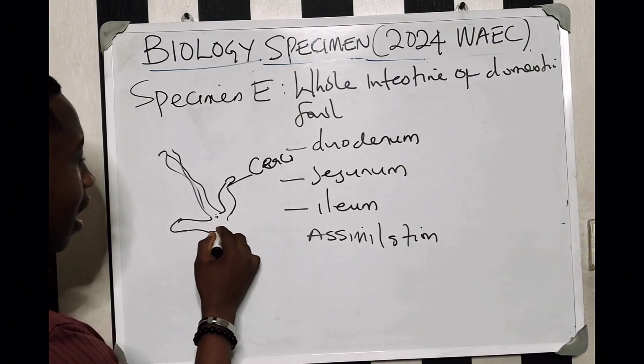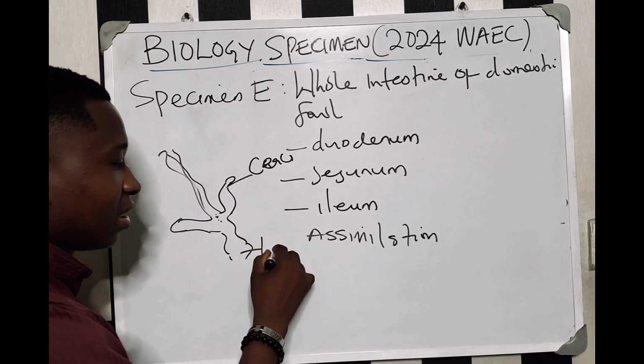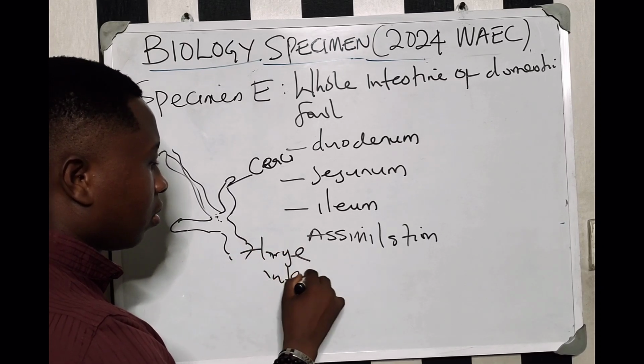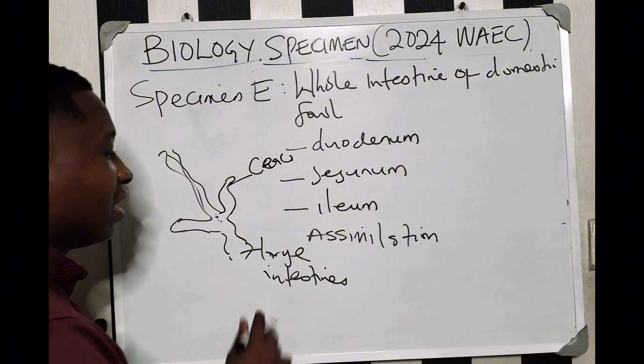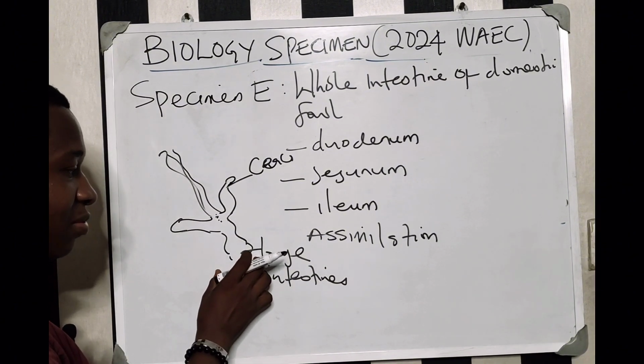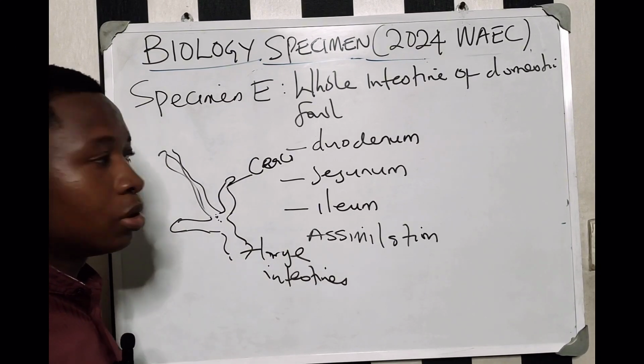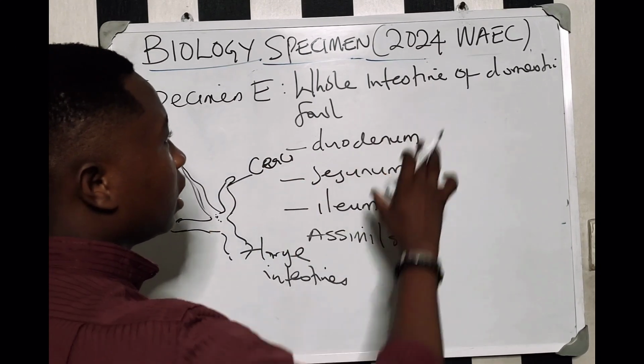After the ceca, you have the large intestine. After the large intestine, you go into the colon and outside the body. So this is just the intestine.